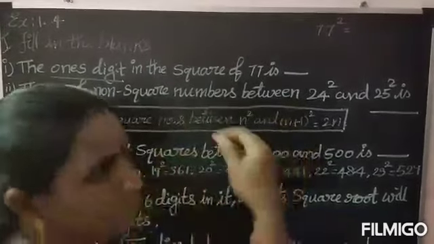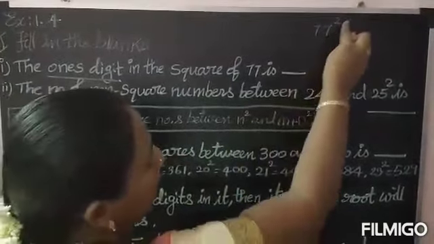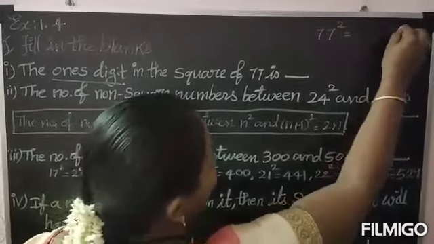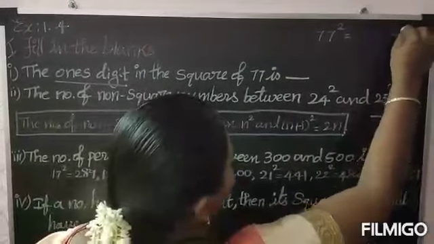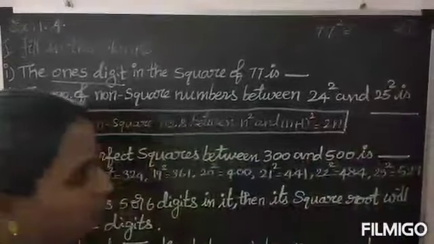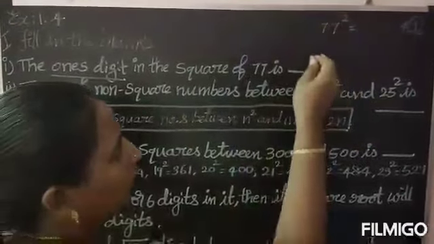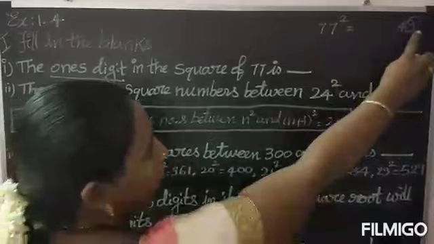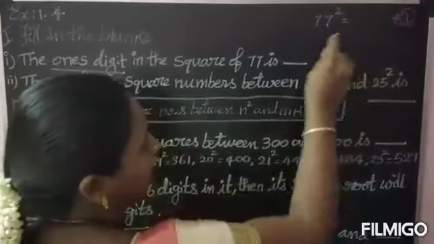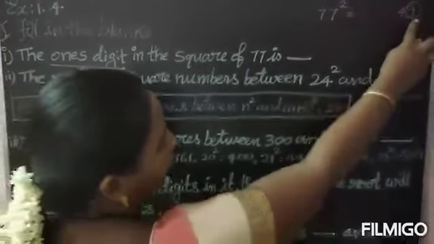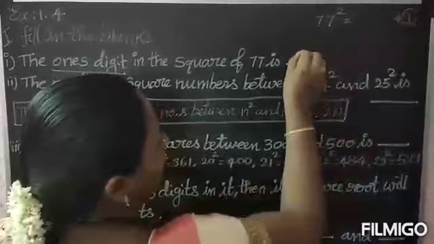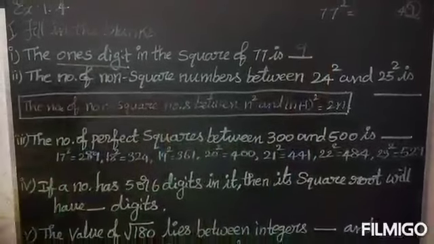So no need to do 77 square. Just 7 square. What will you get? 49. Definitely the 9 will be the unit place number, you know. No need to do all that 77 square fully. So just write 7 square, you get 49. The unit place you have 9. So the answer is 9.